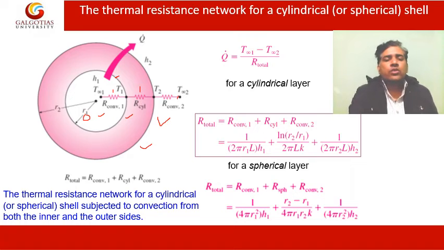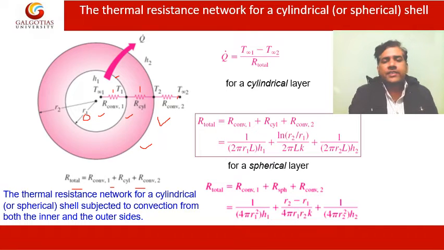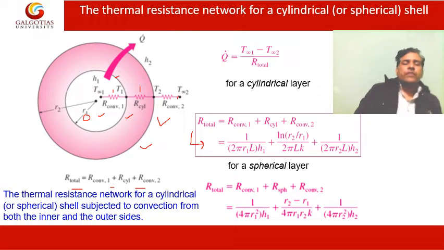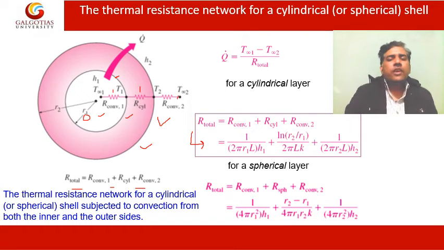Okay, so the total resistance is the resistance due to convection at the inside, then the resistance offered by the cylinder, and the resistance offered by the convection at the outside of the cylinder. So the total resistance, as you can see from the figure itself, will be equal to this value. Try to derive this equation at home, and you will encounter this kind of equation.